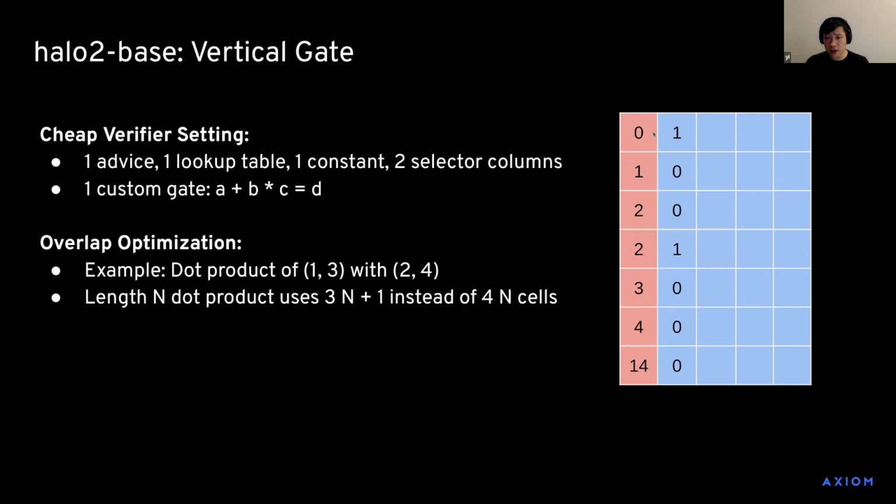As you can see, we're overlapping the 2 gates so that we have 7 total cells instead of 8. Although this seems like a pretty trivial optimization here, it actually ends up saving roughly 25% for longer dot products. Everything we built in Halo 2 base just uses this single gate and a range check lookup argument.